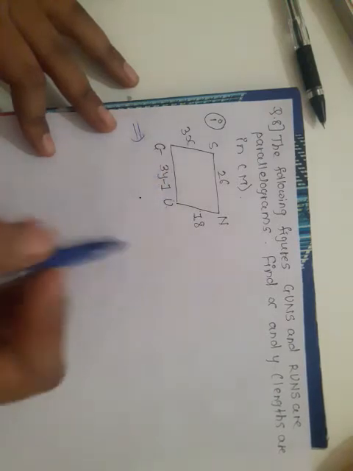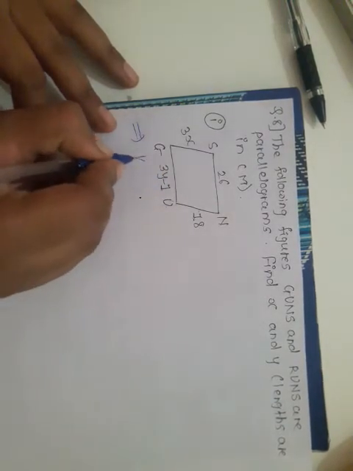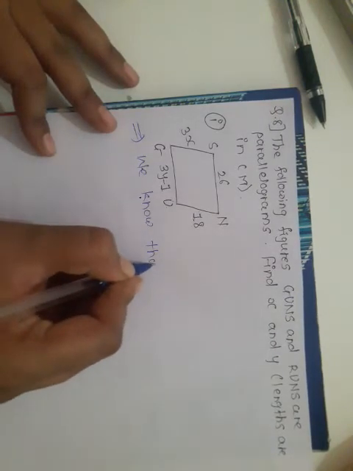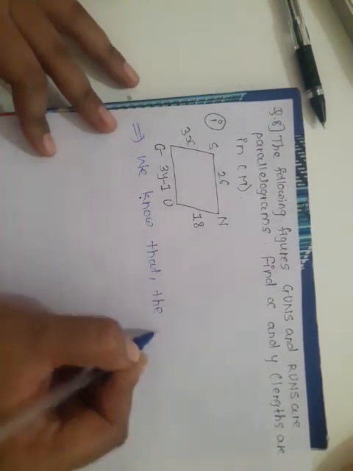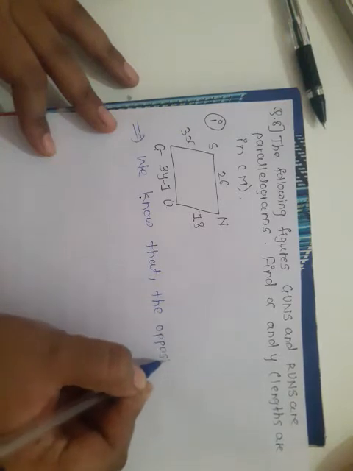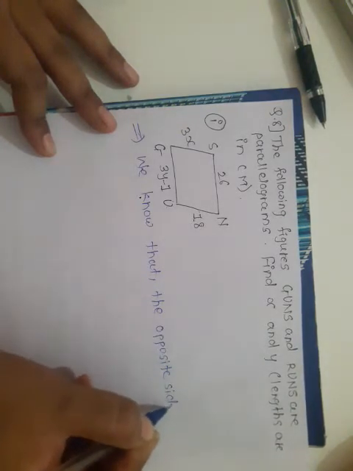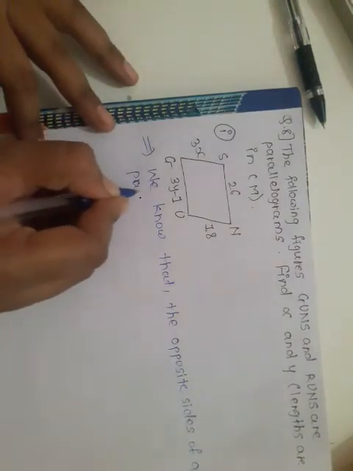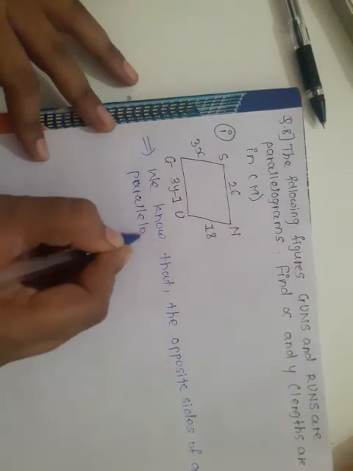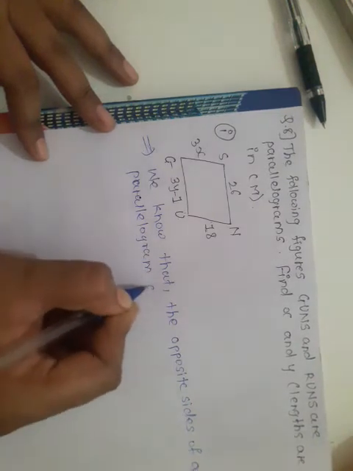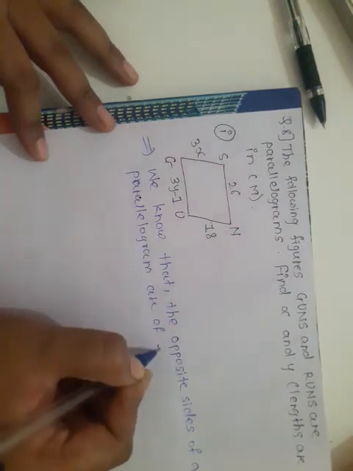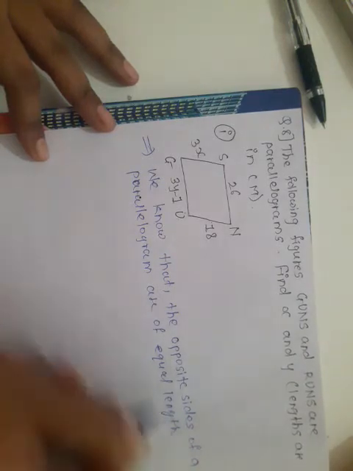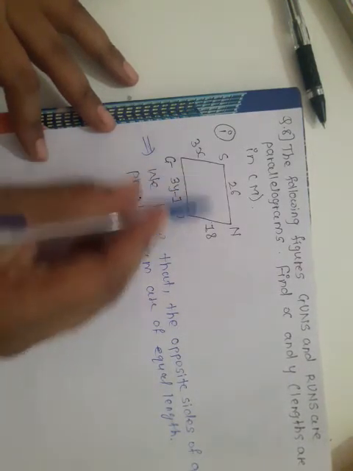So write down, we know that the opposite sides of a parallelogram are of equal length, and therefore GU is equal to SN.